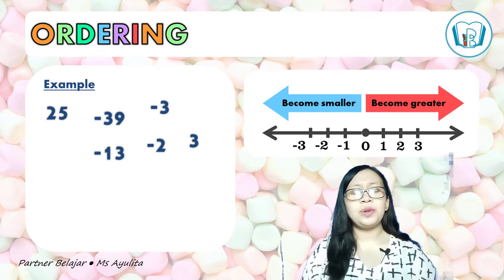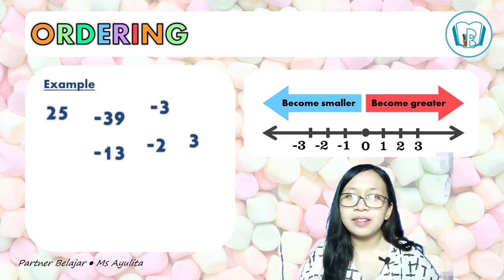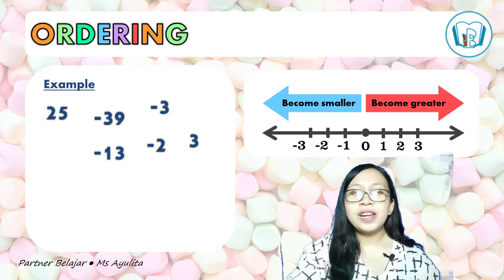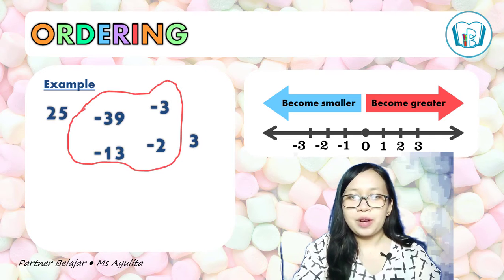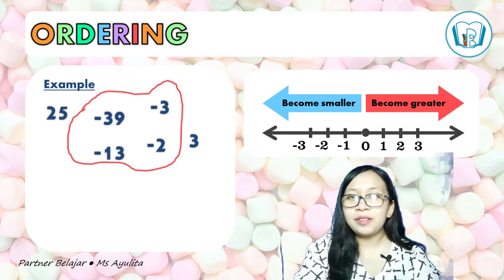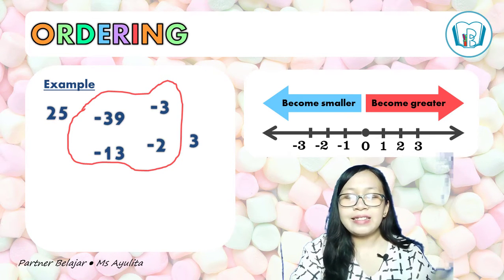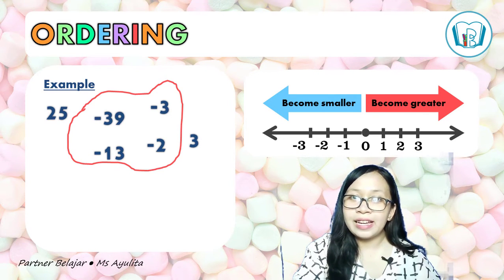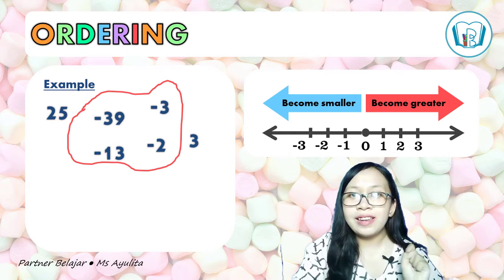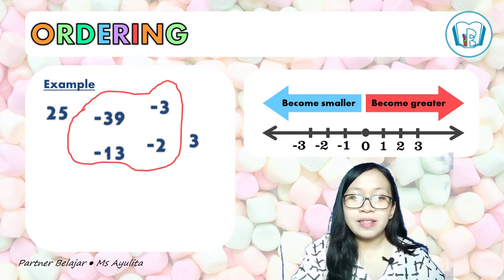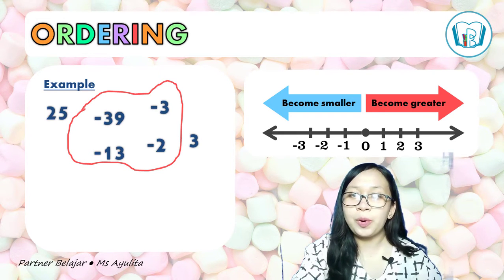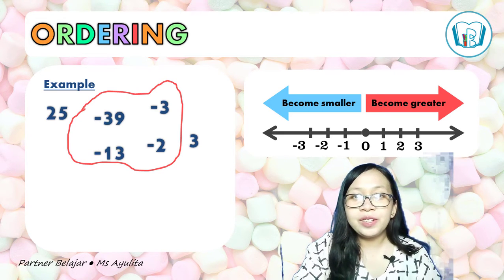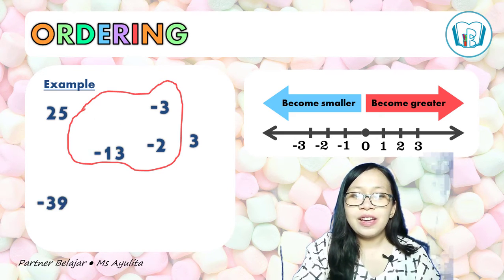Okay, now what should we do with these numbers? First, let's see the negative ones. So here I mark the negative ones. And then let's see. Becoming smaller means more negative. Remember? More negative. Which one is the most negative of the others? Of course, negative 39, right? So the smallest will be negative 39.